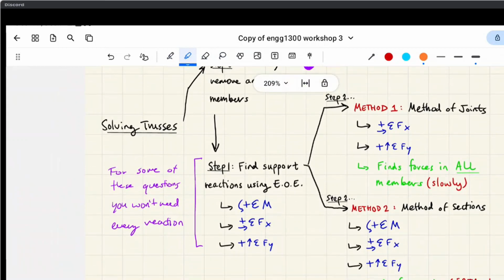For the method of joints, you use this one when you want to find all the members in a truss, but it's a little bit slower.